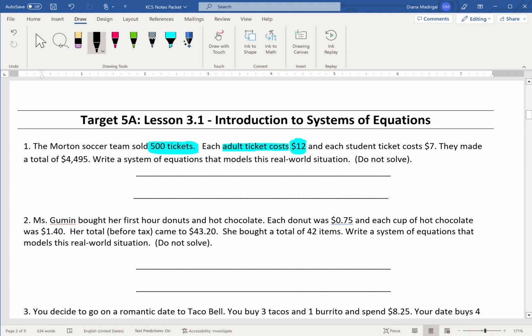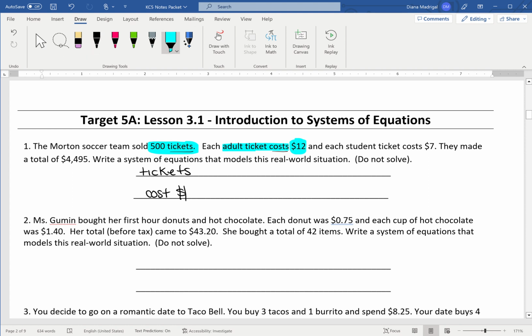So as you can see, just by reading those two things, we're going to be talking about tickets and the cost. So I am going to be using two equations. Remember, it's two equations. The first one will be about the amount of tickets, and the other one's going to be the cost, or in this case, money-wise. I'm going to continue reading.